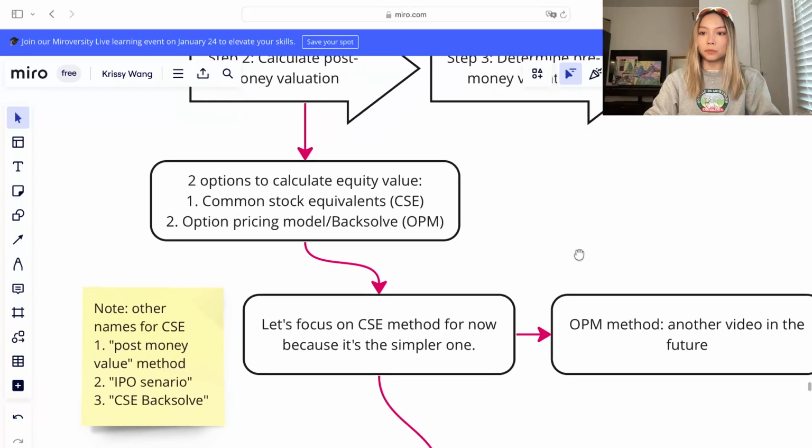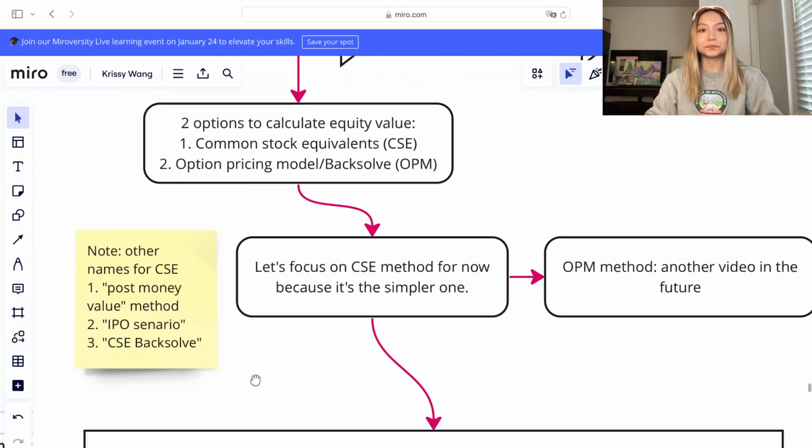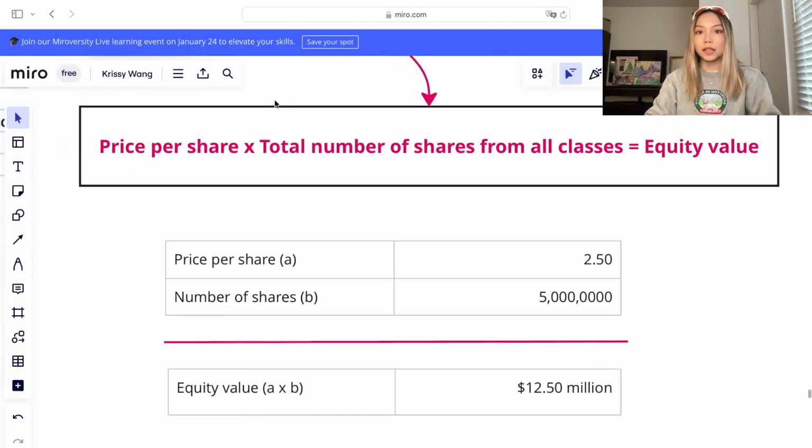And in the future, I'll make another video for the OPM method. A quick note here, there are many other names for common stock equivalent or CSE. So if you hear post-money value method, IPO scenario or CSE backstop, it's all referring to the same thing.